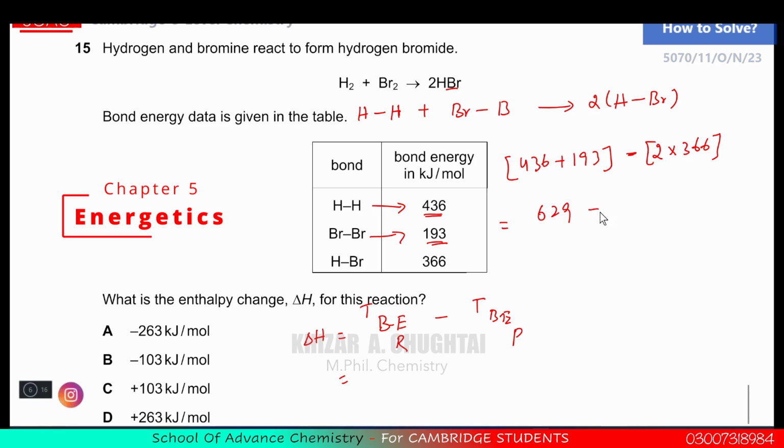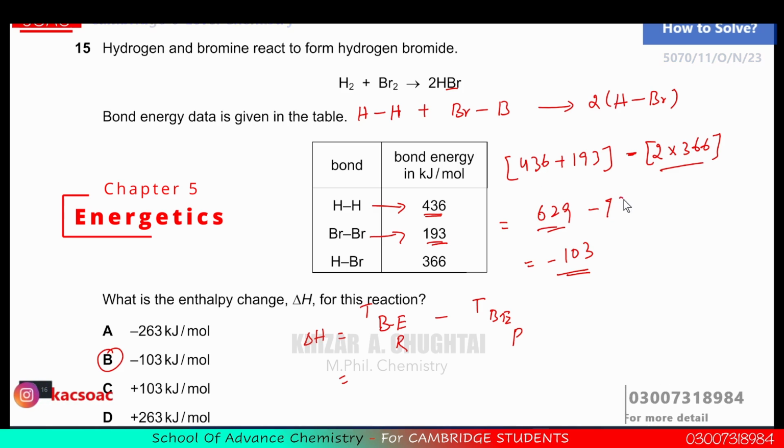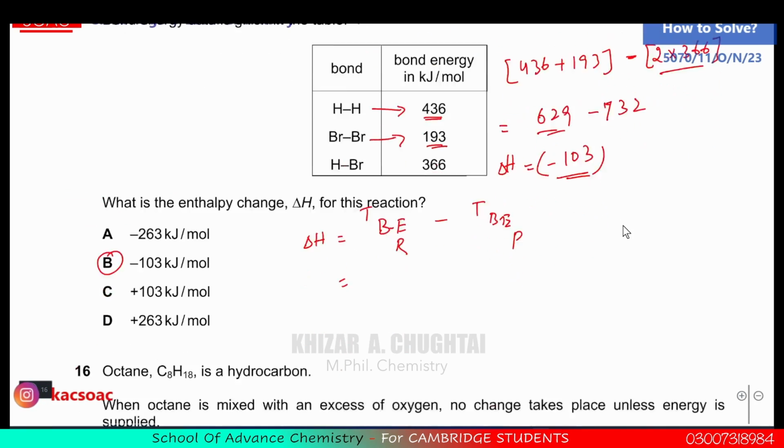The answer is minus 103 overall. B is the correct option. So the final answer is delta H equals minus 103 kilojoules per mole.